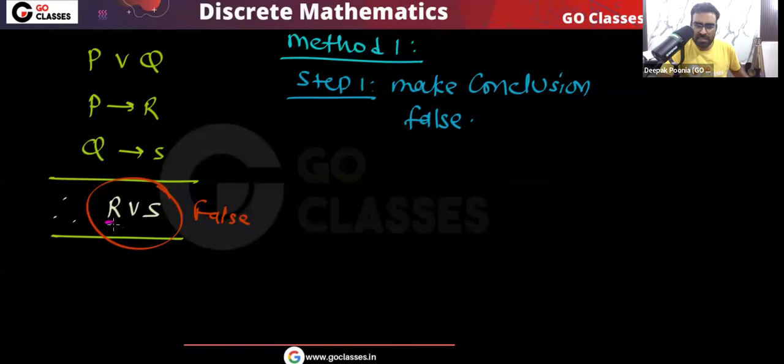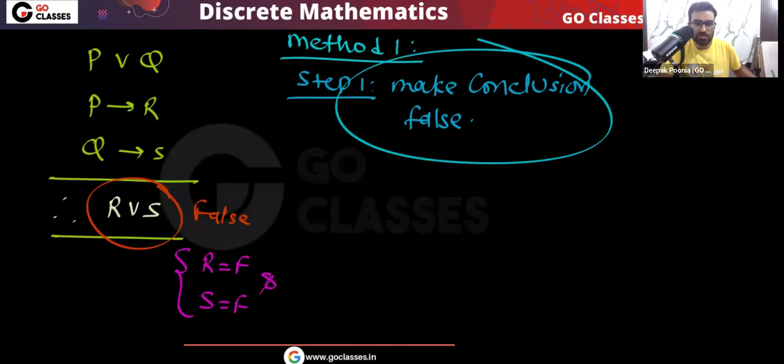Remember, this is R or S. How to make it false? Because this is disjunction, to make it false, I need to make both R, S false. So you can see there is only one way to make R or S false, that is R also false and S also false, both are false. So this is step number 1, you make the conclusion false.